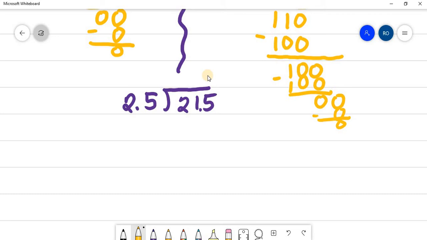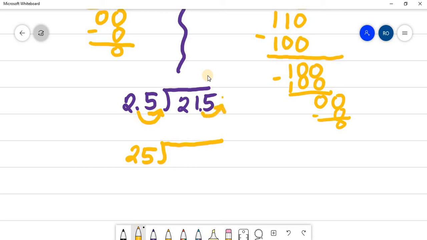Before we divide, let's make the divisor a whole number. 2.5 has only one decimal place, so we move the decimal point once to the right. We now have 25. Let's also move the decimal point of the dividend to the right once.